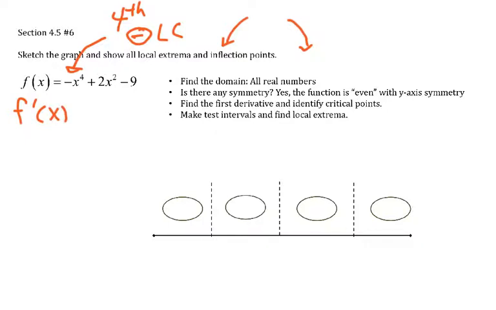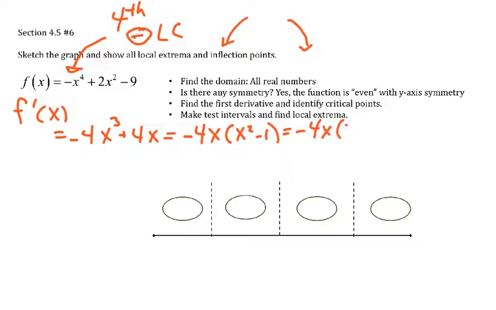So I'm going to find my derivative. I'm going to need a little more room. So I'm going to go ahead and factor this. I will pull out a negative 4x. That leaves me with x squared minus 1, which I can further factor because that's the difference of squares.